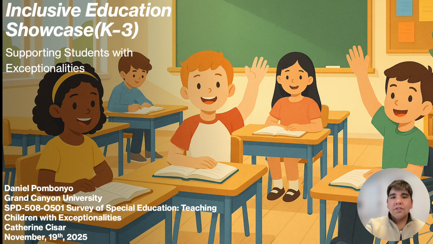As general education teachers, we work with a diverse group of learners, including students with exceptionalities. Our role is to create classrooms that are inclusive, supportive, and respectful of every child's dignity. Today, I'll share two inclusive education showcases focusing on autism spectrum disorder and attention deficit hyperactive disorder in grades K through 3 classrooms.